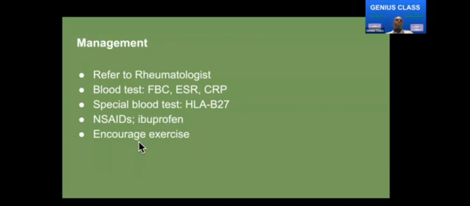Encourage the patient to keep exercising, not resting, because exercising will be very crucial. At the moment, this is a suspected diagnosis of ankylosing spondylitis. So this is why we need him to go to the rheumatologist for confirmation of the diagnosis. This is ankylosing spondylitis. Thank you.